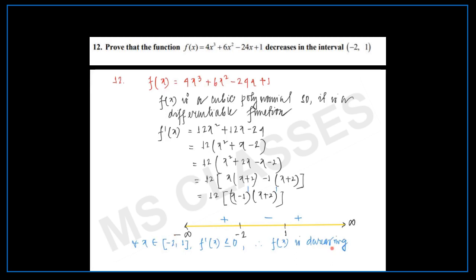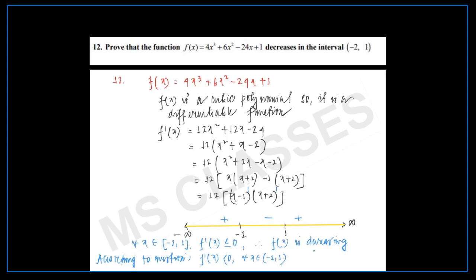So, according to the question, f dash x is less than 0 for all x belonging to (-2, 1). Because if you want to answer according to the question, we have to see this interval, (-2, 1). Here f dash x is less than 0. So we write therefore f(x) is decreasing.